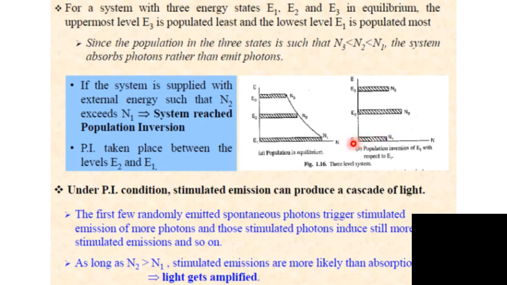So we always need a very high population there, so we have to pump electrons continuously up as well. We should always keep this population inversion constant. As long as N2 is greater than N1, stimulated emission is more likely than absorption. This is a very important point.